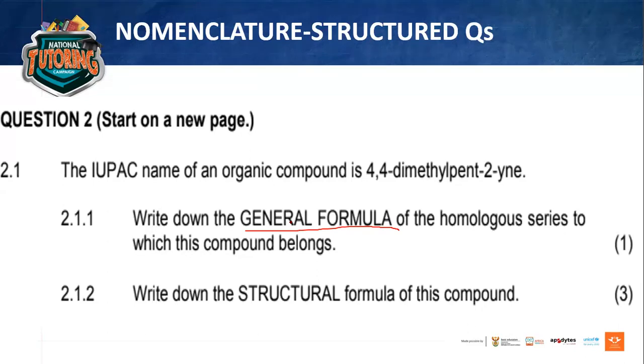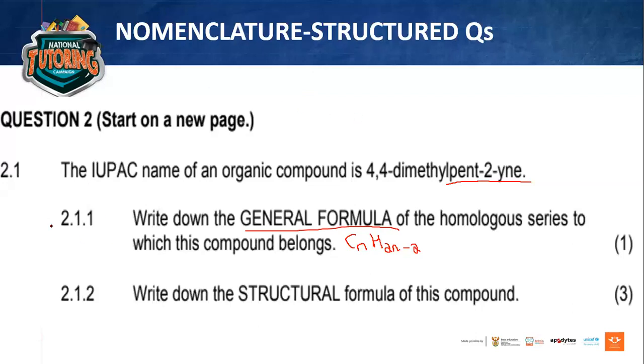Remember, each homologous series has its own general formula. And I can see that this molecule belongs to alkynes. And this is recall work, my dear learners. It's a level 1 question. You must know it off by heart. The general formula of alkynes is CnH2n-2. And it must be written nicely.